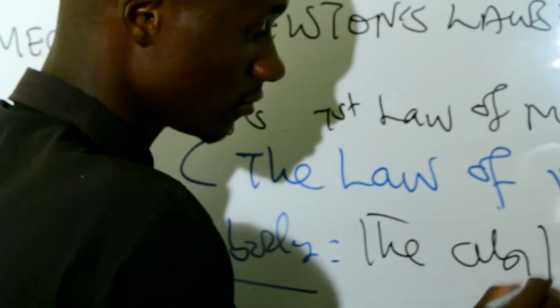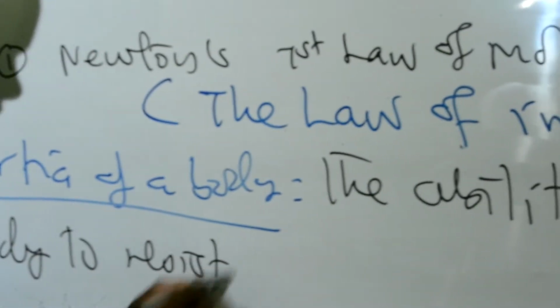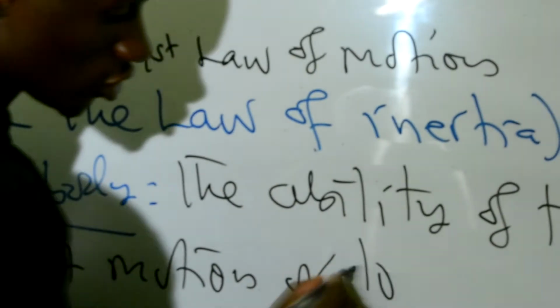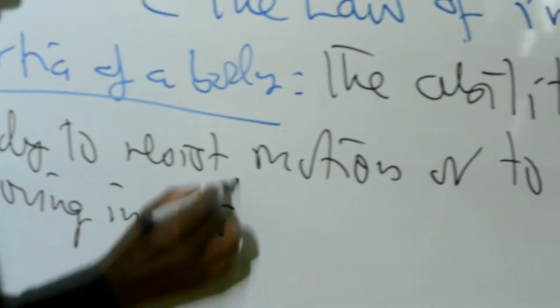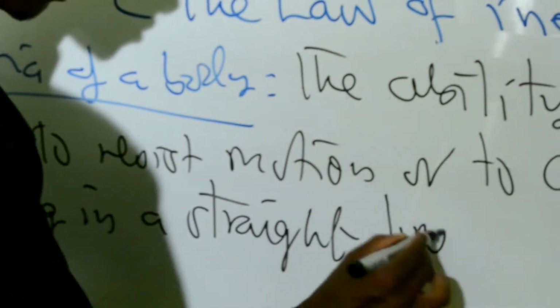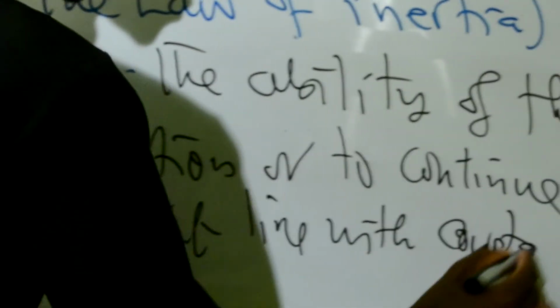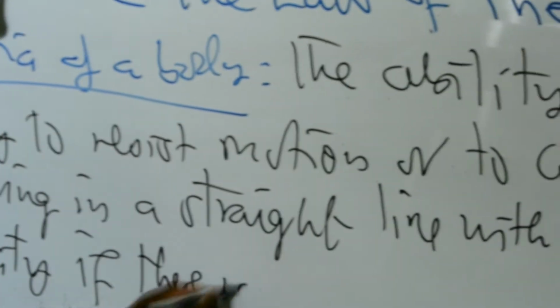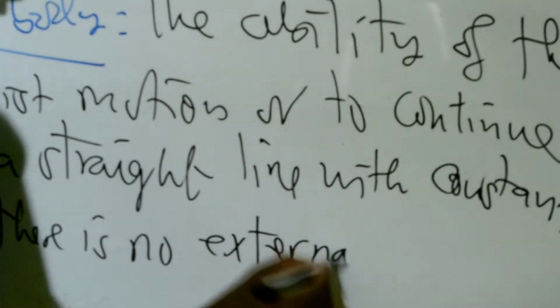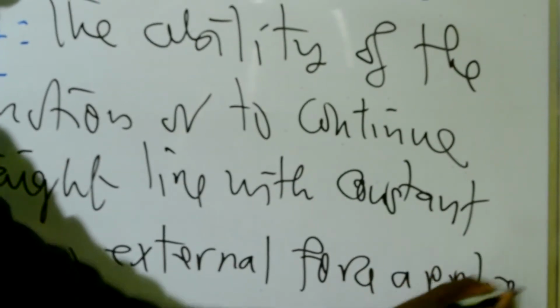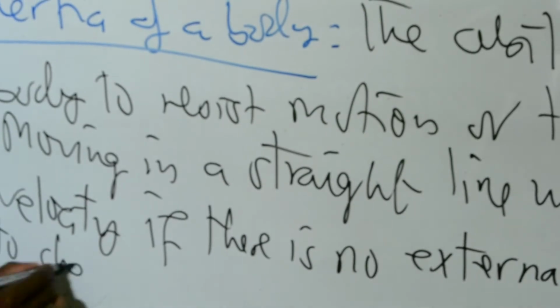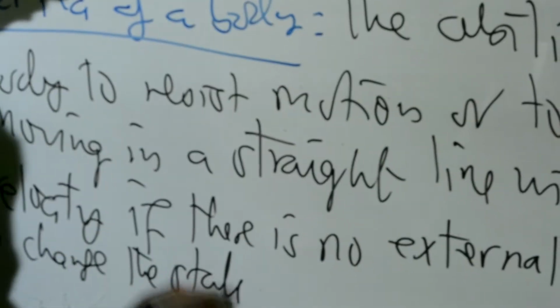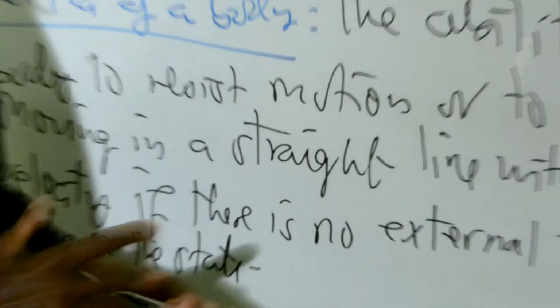The ability of the body to resist motion or to continue moving in a straight line with constant velocity if there is no external force applied to change the state.